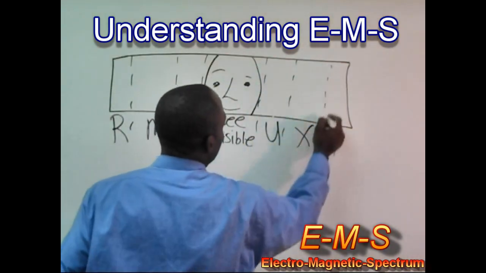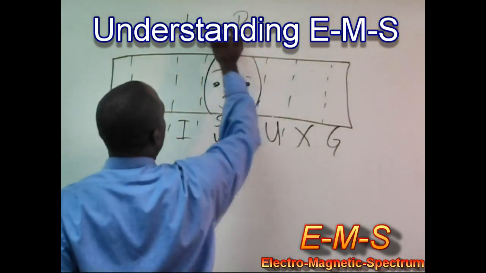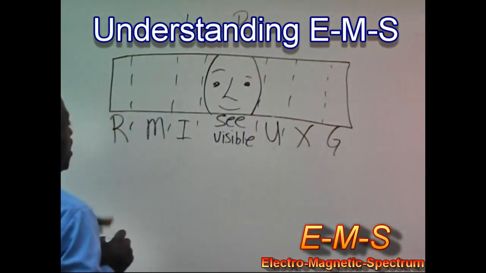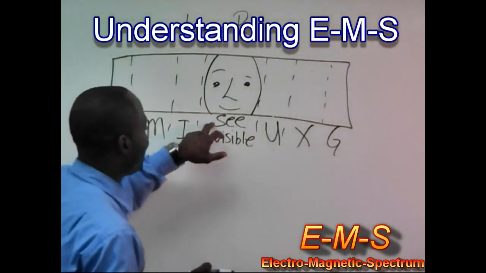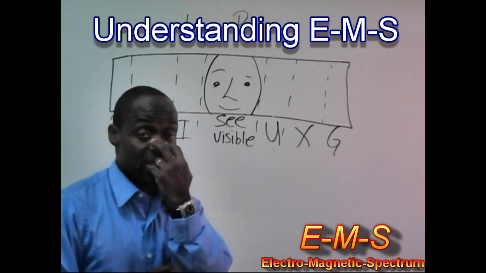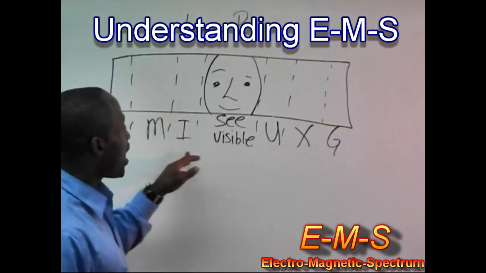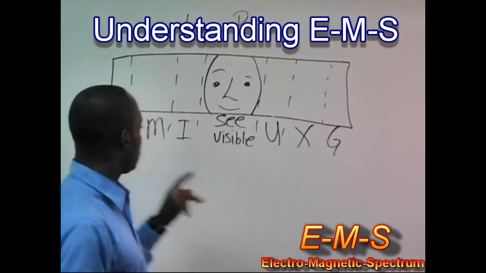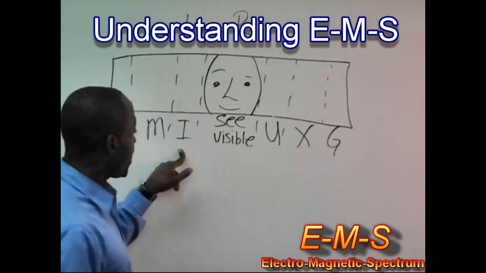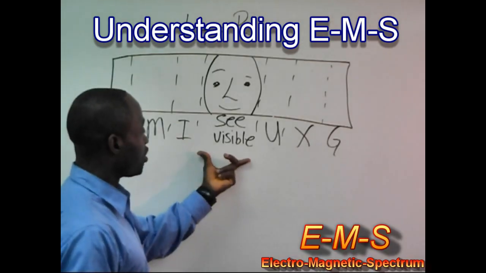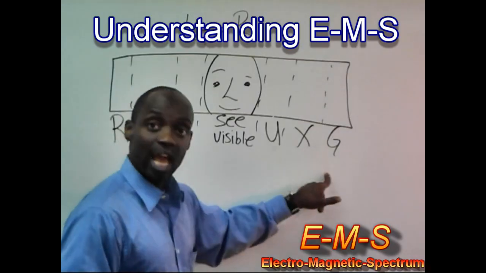From left to right, I want you to say with me, RMI, C, which is the visible spectrum, UXG. So RMICUXG means radio, microwave, infrared, visible light or visible spectrum, ultraviolet, X-ray, and gamma ray.